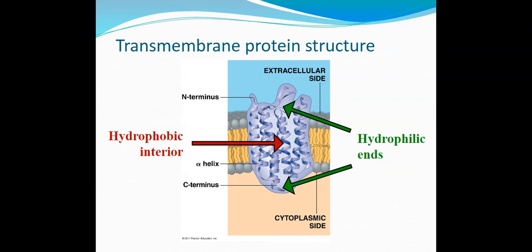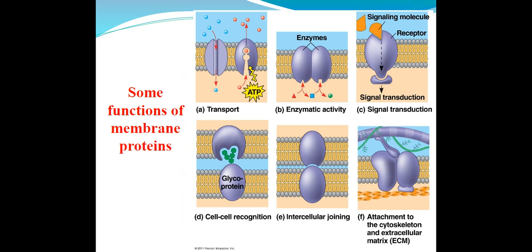This is a pretty good diagram to demonstrate where the properties of those amino acids, be it hydrophilic or hydrophobic, start to play a factor in how our proteins function, where they're going to exist, whether they're going to be peripheral, whether they're going to be integral, et cetera.